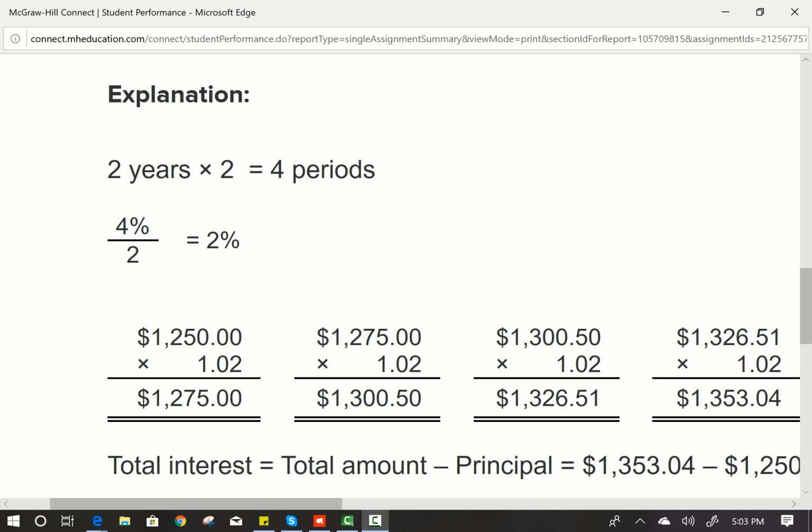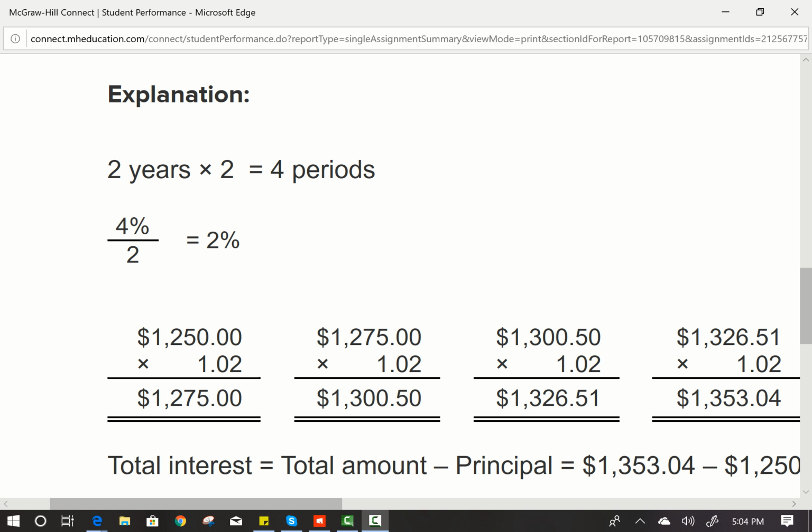Multiply the investment by 1.02, and that gives you the end of the first 6-month period of $1,275. Then take $1,275 times 1.02 again for the 2% increase, and that would give us the end of year 1 of $1,300.50.